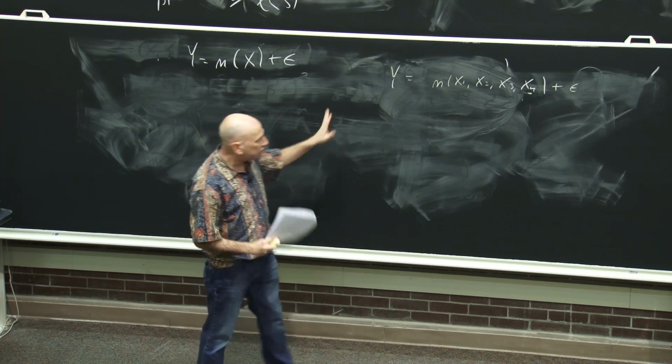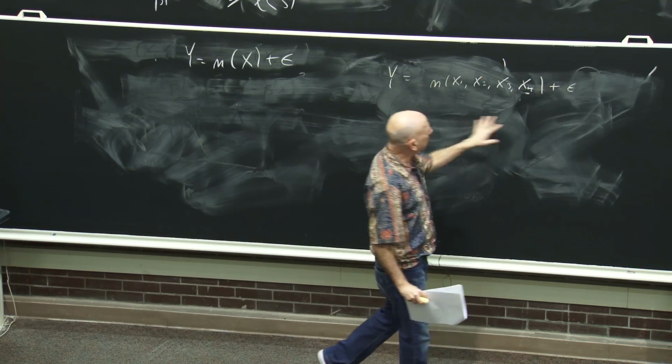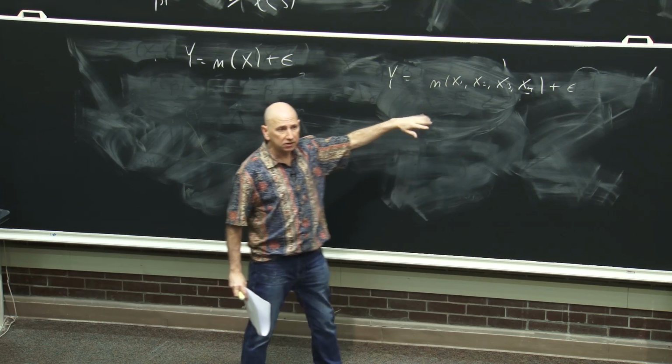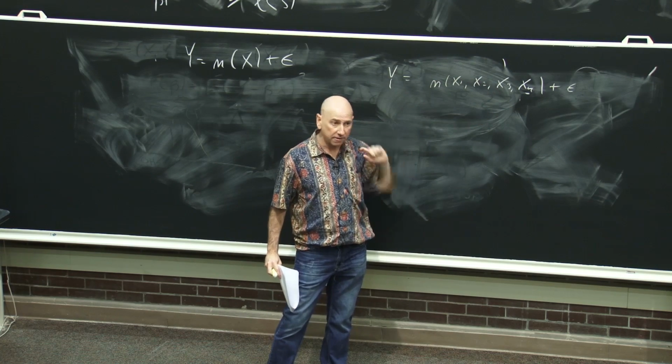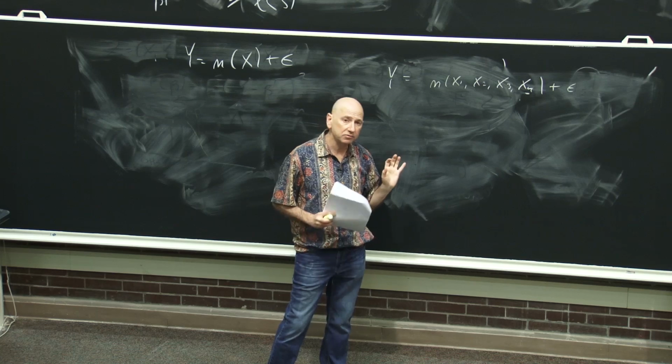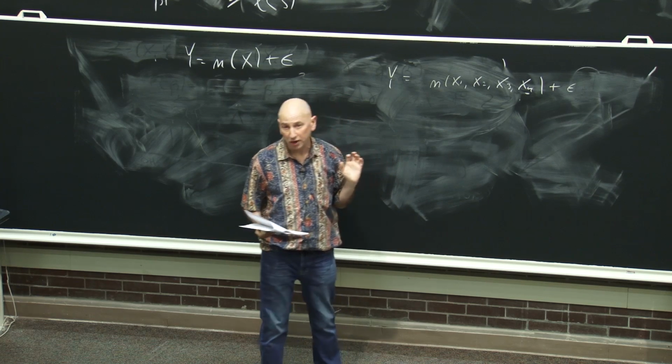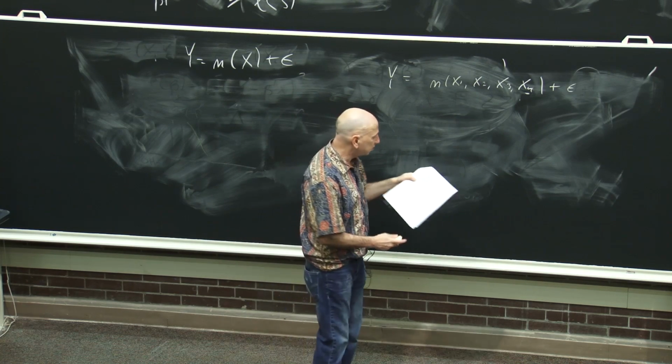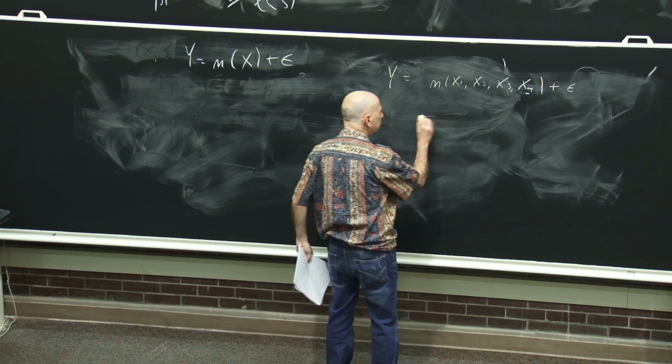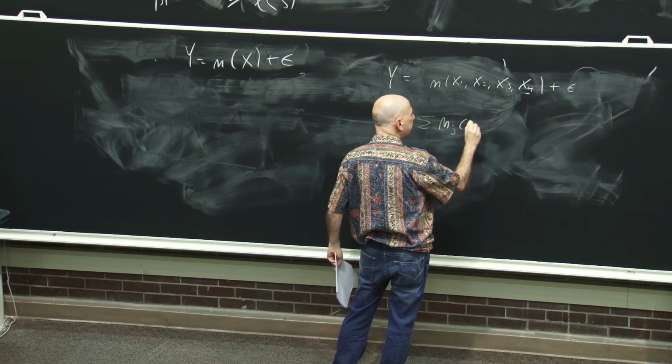And we'll see that one approach would be to do a fully non-parametric thing jointly in all 4 variables. But one of the other things we're going to talk about is how to break it down into one-dimensional non-parametric regression functions. So something called an additive model, which is a sum of smooth functions.